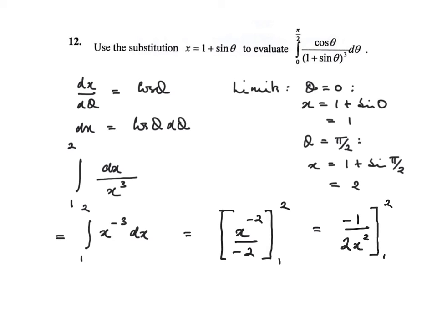It'll make the substitution and evaluation a bit easier. So 2 squared is 4 times 2 is 8, so it's minus 1 over 8 minus 1 over 2. So minus an eighth plus a half is 3/8.